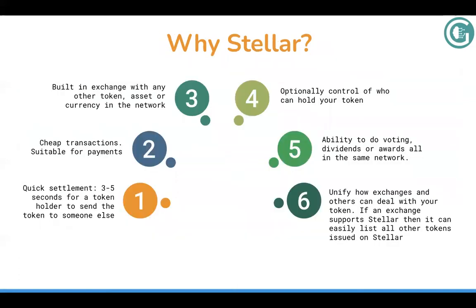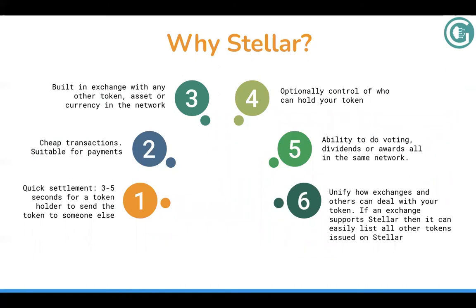Another question is why we chose to go with Stellar to build our Doozie token network. There are other platforms out there, as we know. Ethereum is one of the very popular options, and these days there are a few other very good options as well.